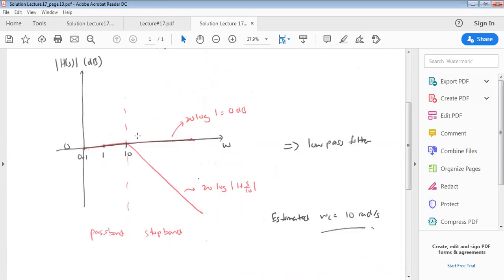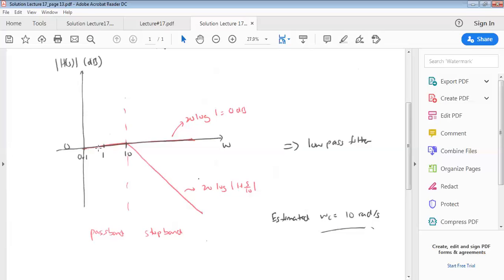So based on this, when we combine these two plots together, the final plot is 0 dB up to 10, and after 10, we're going to have a slope of negative 20 dB per decade. That will be the final plot for the said transfer function. From here, we have two different bands.